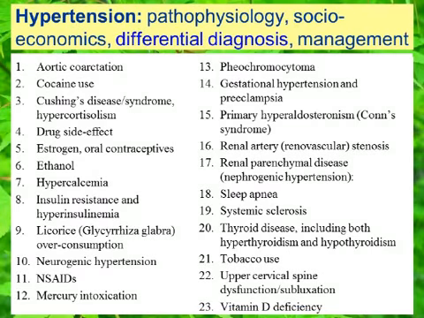Sleep apnea, systemic sclerosis, thyroid disease, whether it's hyperthyroidism or hypothyroidism, tobacco use, upper cervical spine dysfunction, or what we refer to in the chiropractic field as subluxation, can also contribute to hypertension, and vitamin D deficiency can also cause hypertension.